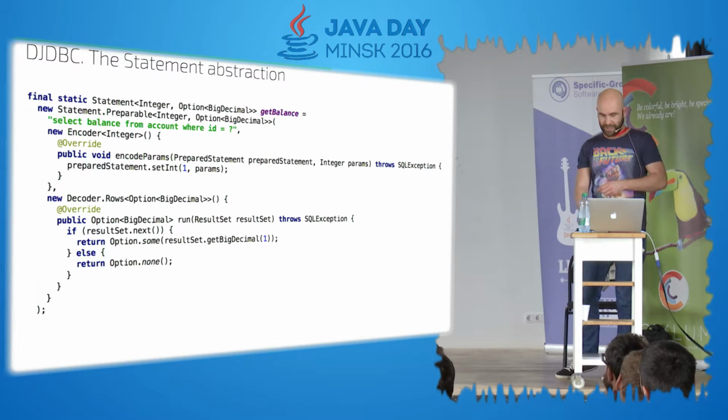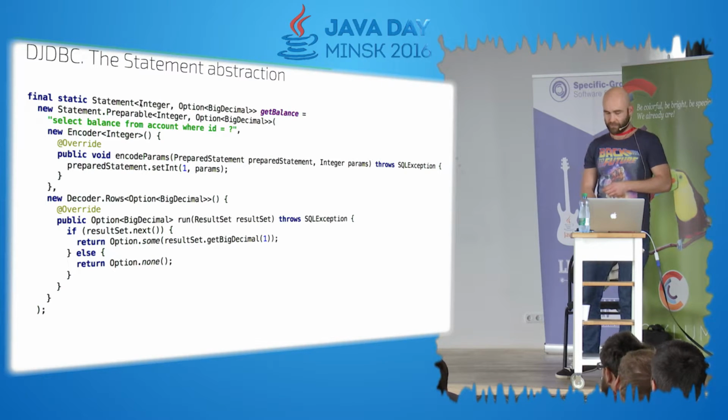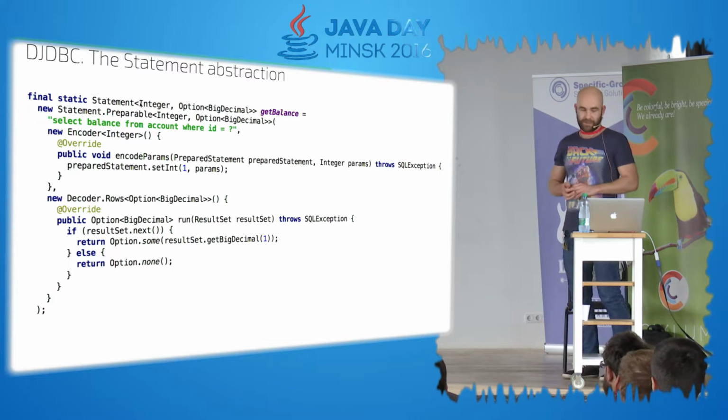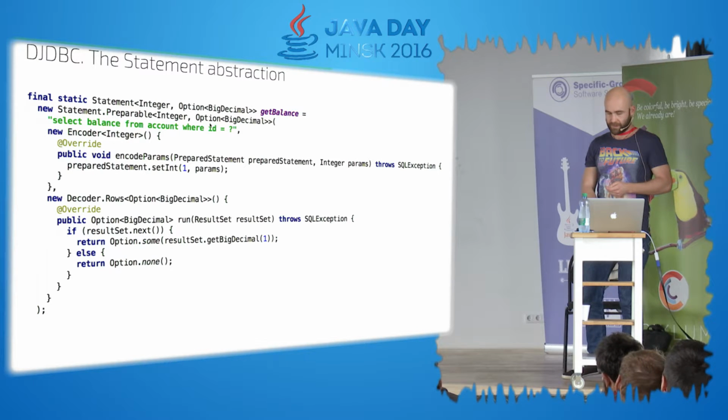Getting back to this, you can see that statement is parameterized by two generics. The first parameter is the type of the incoming parameters. In this case, it only has the ID, which is integer.